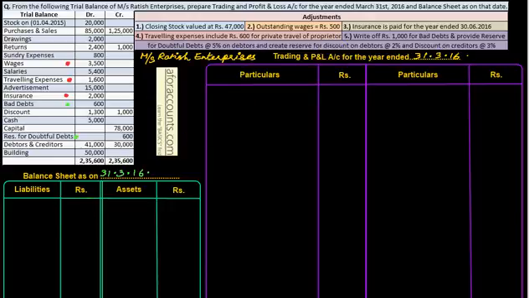First item, opening stock. So in your trading and profit and loss account, to opening stock 20,000. Done. Purchase and sale. So purchase is on the debit side.